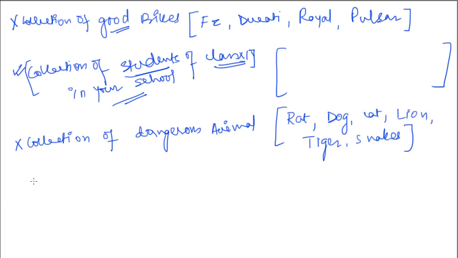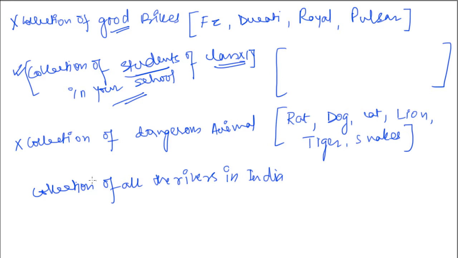Let's suppose if I would say collection of all the rivers in India, is it a set? Yes, because for everyone the rivers in India would be same, there would not be a change.